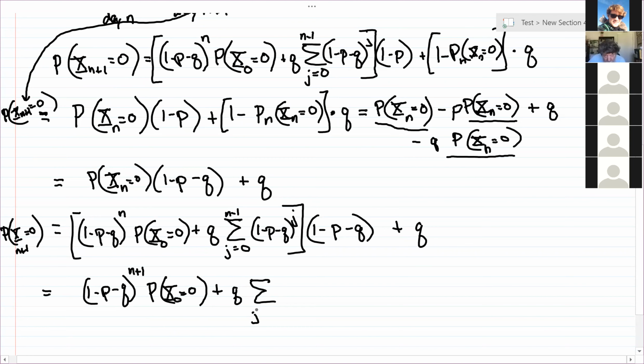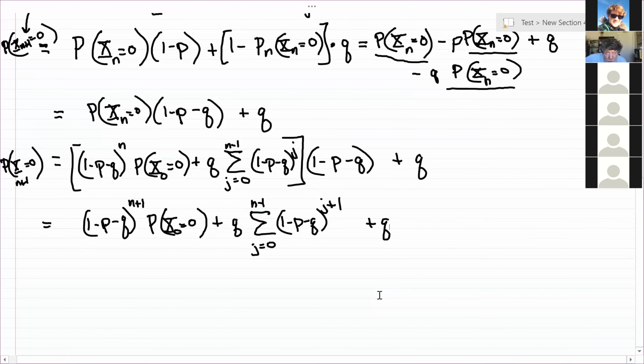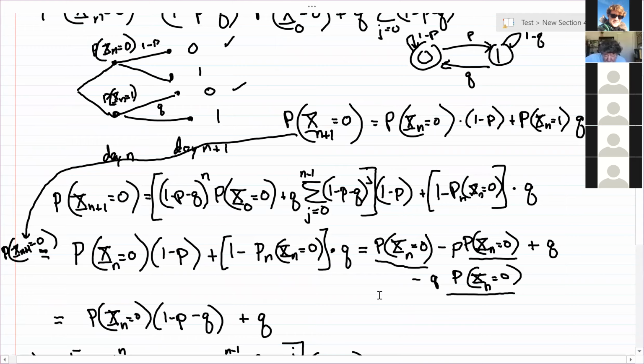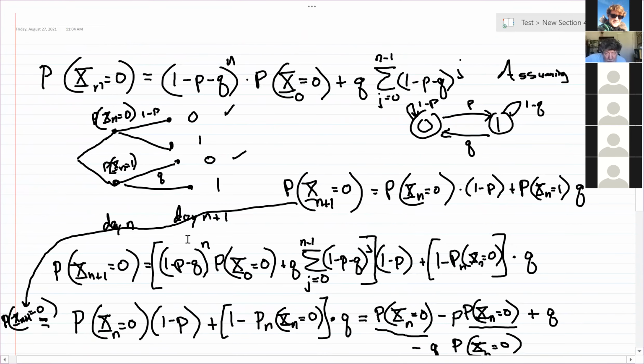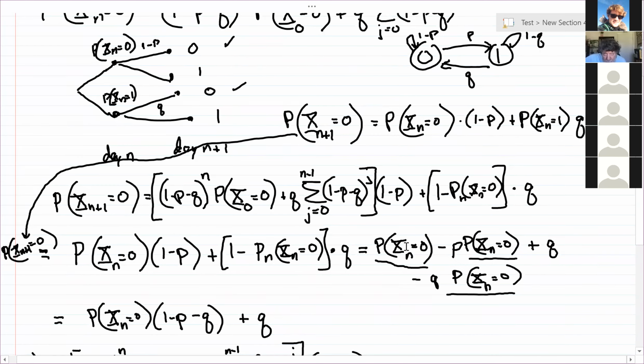And if you do that, you'll get j equals 0 to n minus 1. And in the summation, you get 1 minus p minus q, and you just add the exponents, you make it j plus 1, and then there's plus q. Okay, so it's pretty much algebra at this point. The only probability involved was the tree, figuring out that we had to go down the top road or this middle path. And those are the two ways we could be broken on day n plus 1.